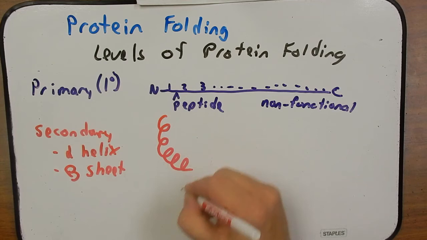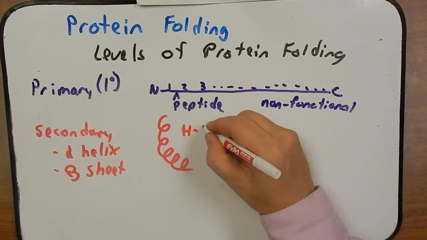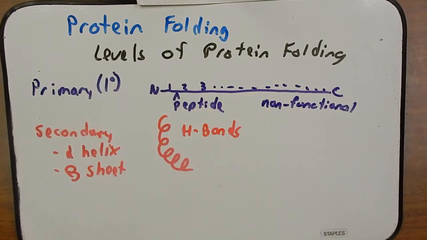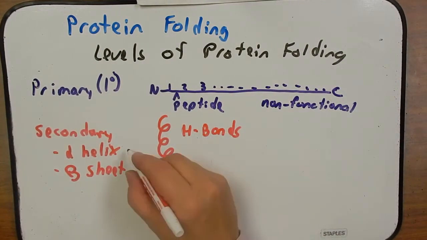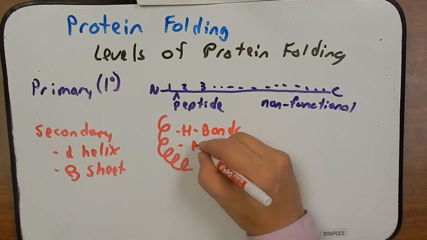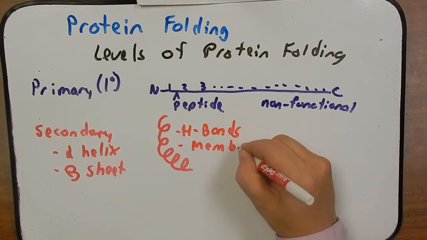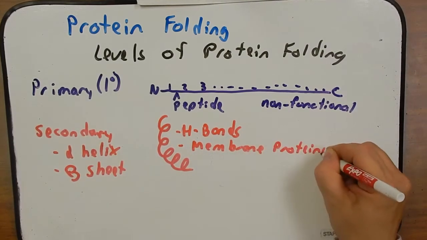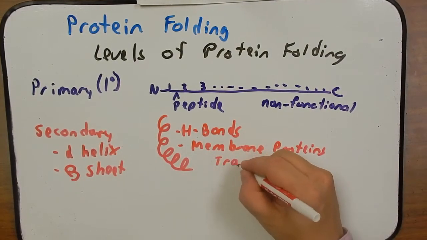It forms just a simple helical structure. And again, it is characterized by hydrogen bonds between amino acids that are relatively near. So this alpha helix is often found in membrane proteins that function in transport.